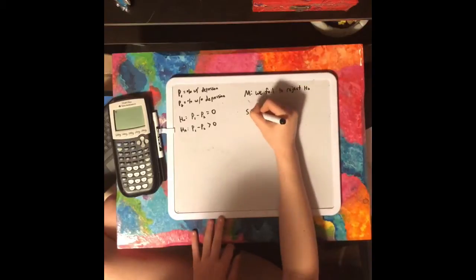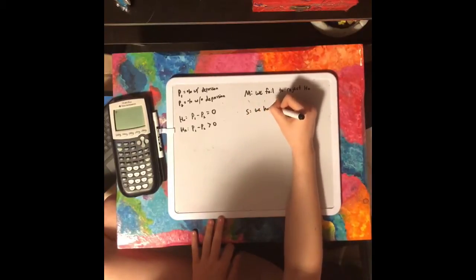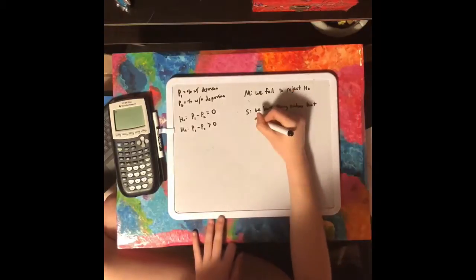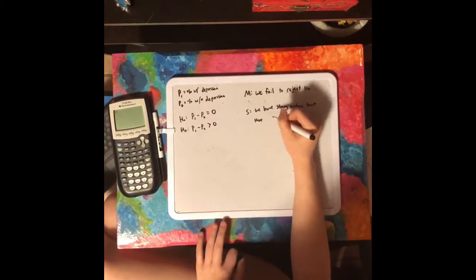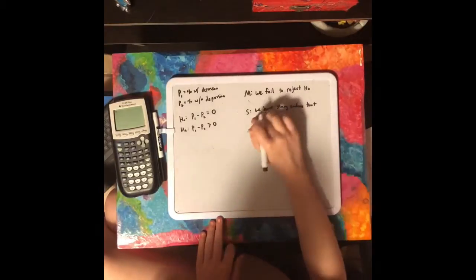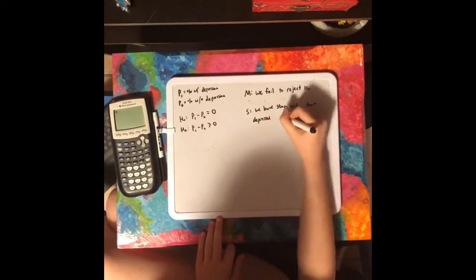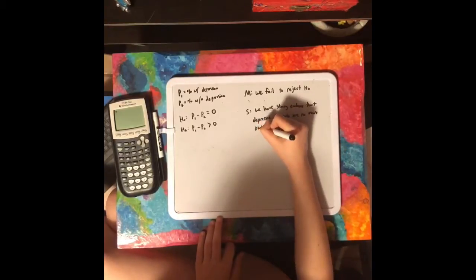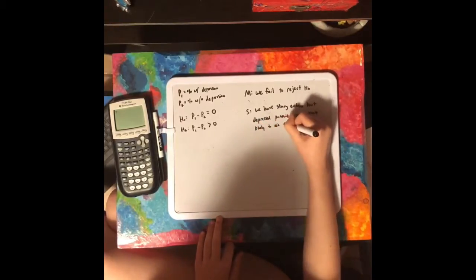Although we are not 100% certain, our p-value gives us strong evidence that H0 is true. So, this means that there is not a strong difference between the two proportions. So, our final statement will read, we have strong evidence that depressed patients are not more likely to die than their non-depressed counterparts.